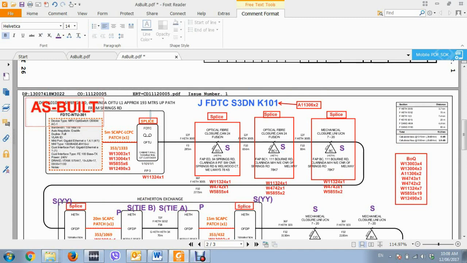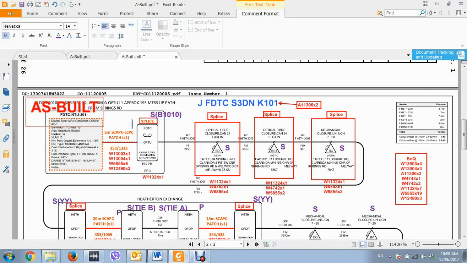and here at the customer, what will we write? We'll write S, but instead of YY as the entry point to the customer, we'll write the building number. Here it's just hiding behind the as built. It's 1010, B1010.